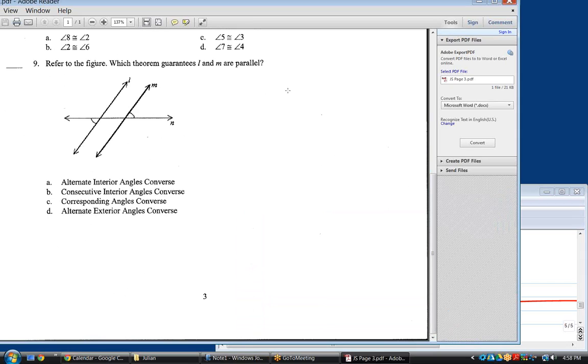More parallel line questions. You want to do well on this test, so make sure you know your parallel lines. Which theorem guarantees L and M are parallel? You have to know a little bit more than what I just said, because for this question you do have to know those names.